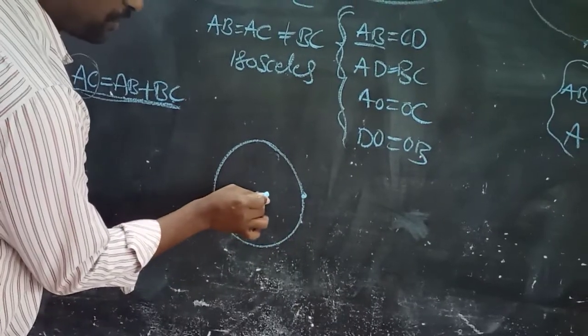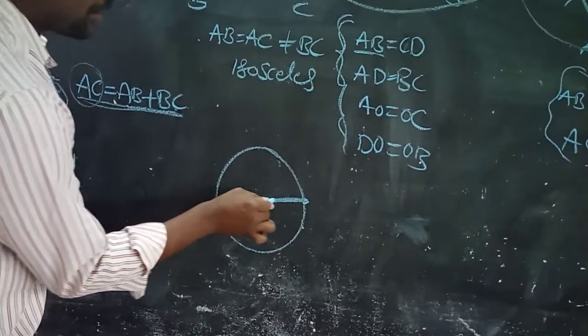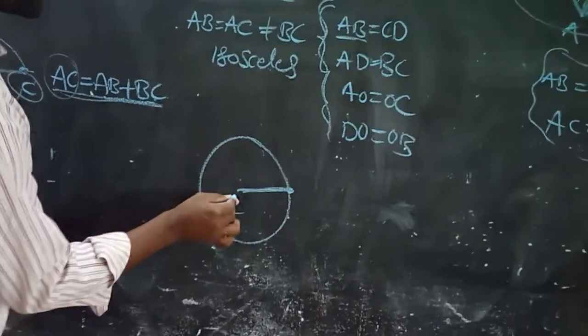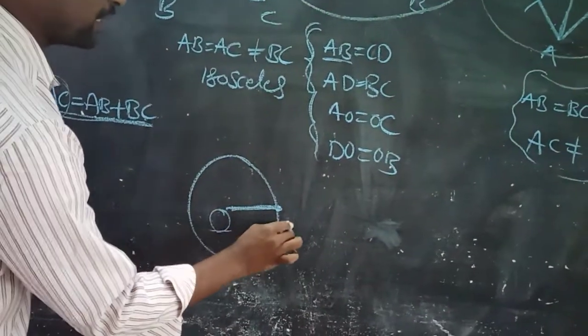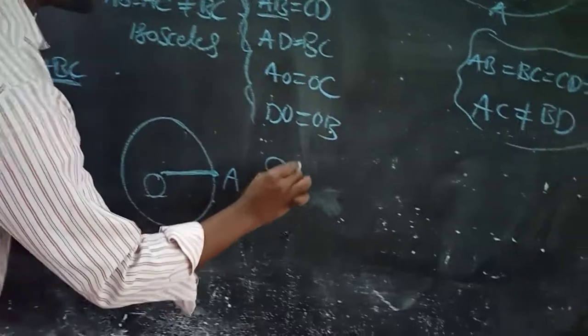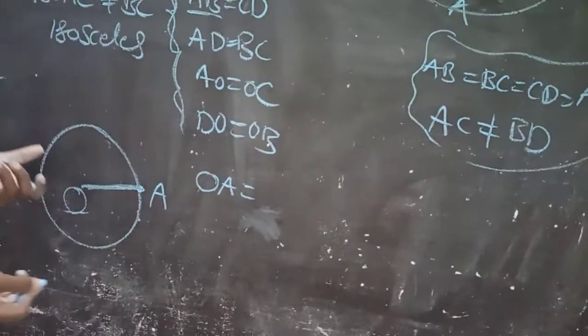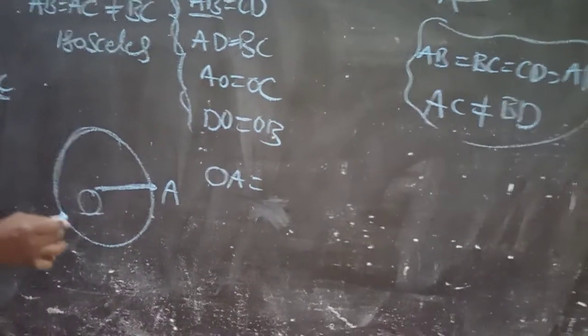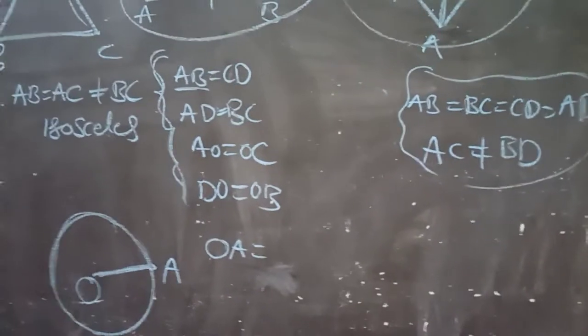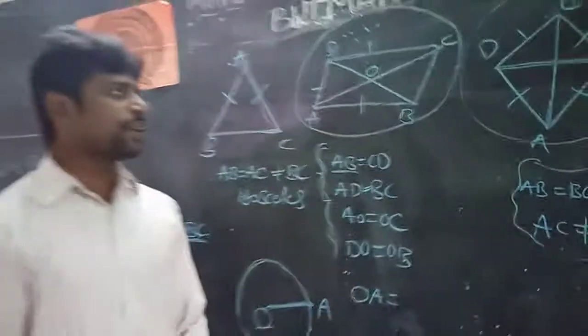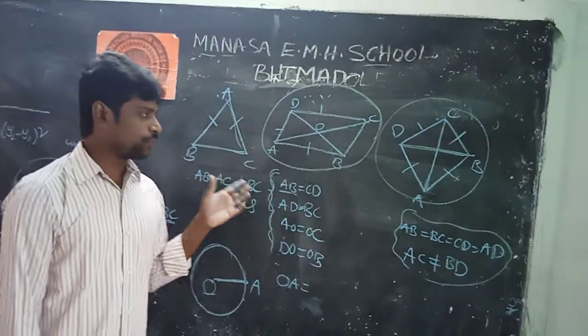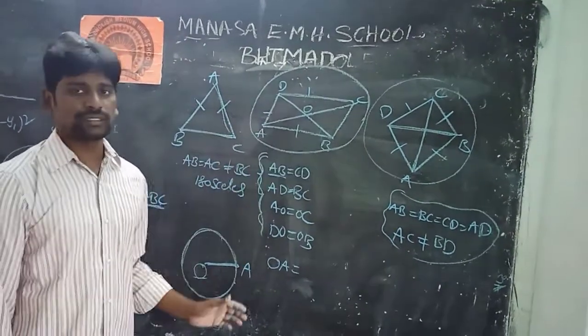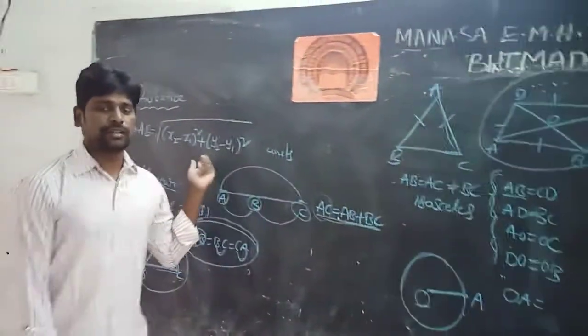The distance between the center and any point on the circle is called the radius. Take O as the center and A on the circle. So OA is the radius of the circle. All members, we have to prepare exercise 7.14 based on these properties using the distance formula. Thank you.